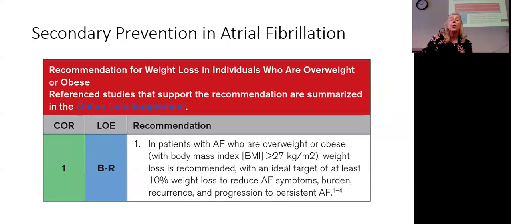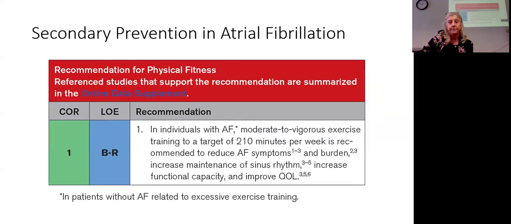Secondary prevention, which means if you already have atrial fibrillation, what are the recommendations? So high level of evidence on this one also. Patients who have atrial fib and are overweight or obese should aim toward their ideal weight, or at least a 10% weight loss to reduce the atrial fibrillation burden, recurrence, and progression of their atrial fibrillation. And another, high number 1 recommendation is recommendation for exercise.